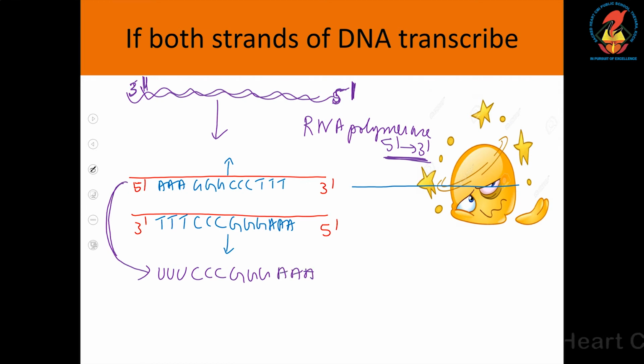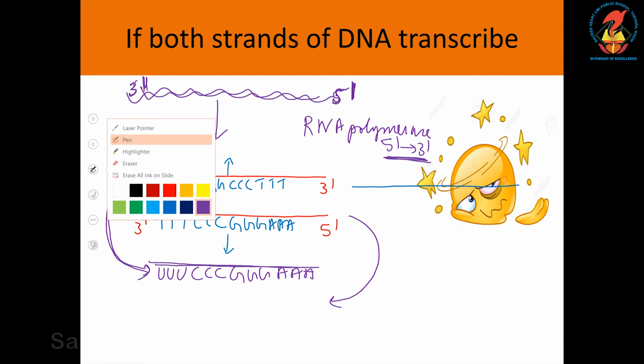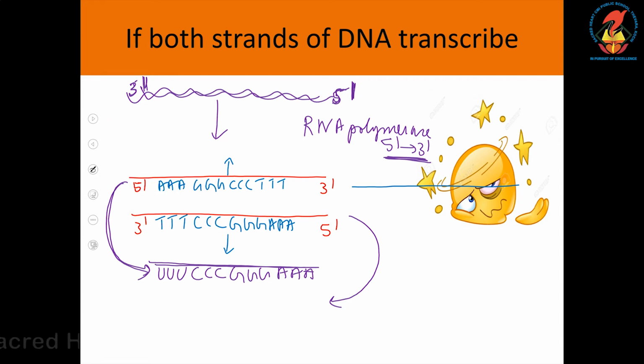So what is indicated in violet is the transcript of the strand running in the 5 prime 3 prime direction. Now I am going to give the transcript of the strand running in the 3 prime 5 prime direction in another color, green. Here TTT will give AAA, CCC will give GGG, GGG will give CCC, and AAA will give UUU.